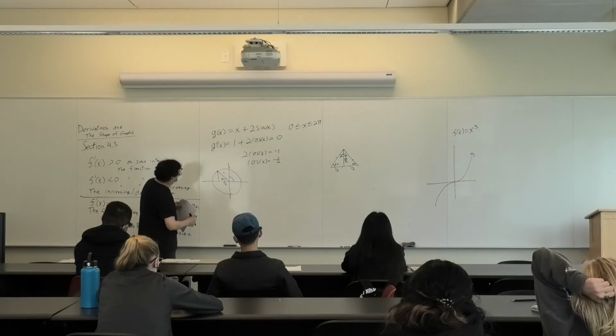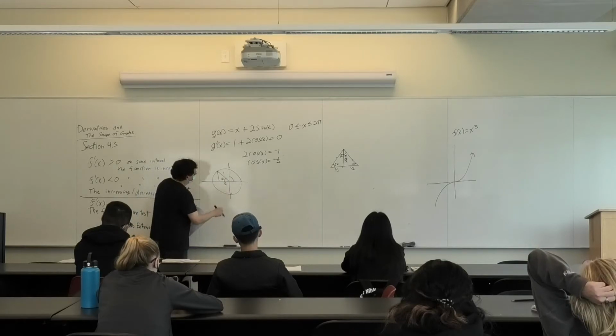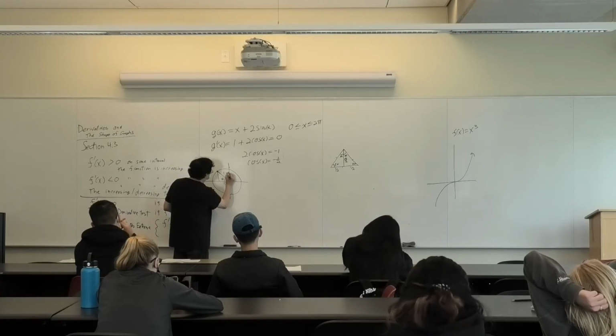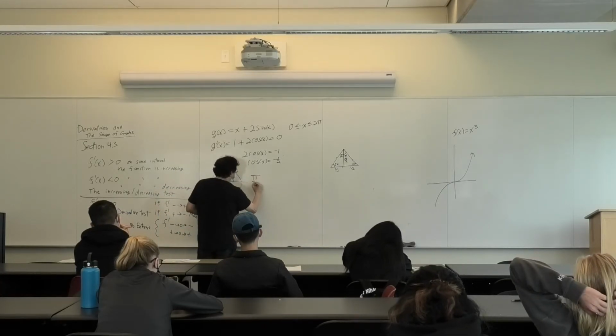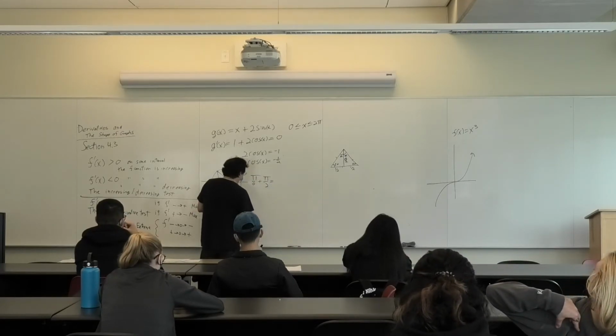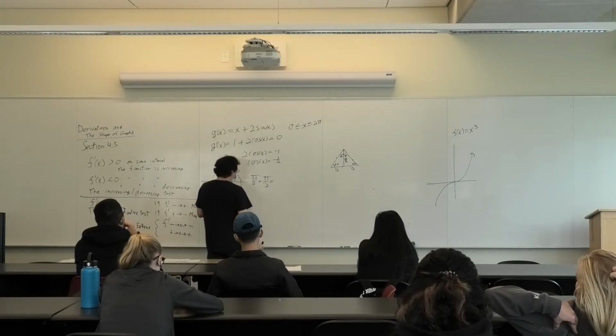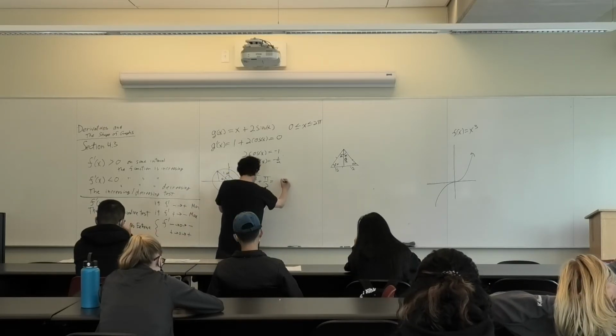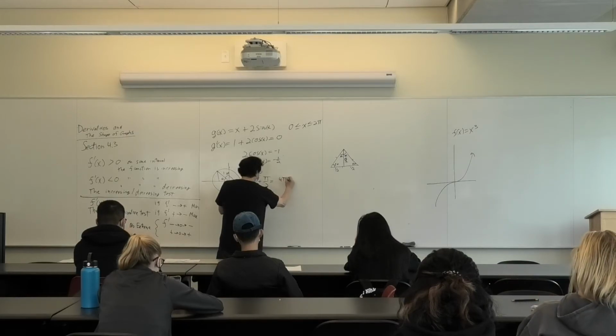Cosine is negative 1/2, right? Should be, oh, this is 60, this is 30. That's the problem. So it's pi over 6. It's pi over 2, which is 4/6. 4 pi over 3.